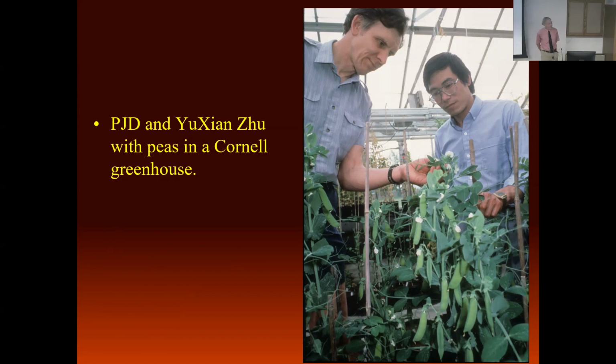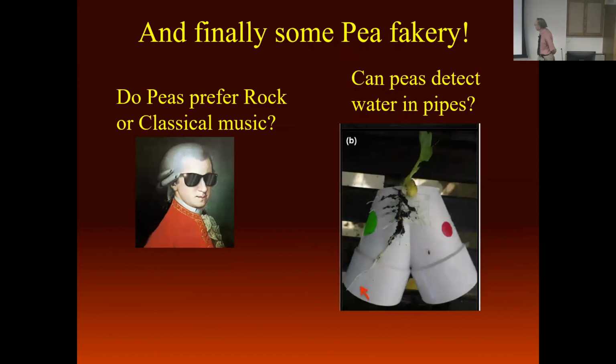So I know it's time, but I got a couple of little neat things that I thought you might be interested in. So what I'm going to call pea fakery. Peas are also a favorite topic for people I'll call pseudoscientists. So the first question was asked by Mythbusters. Anybody ever see that?